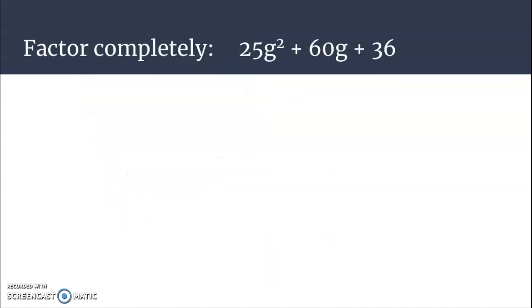Alright, let's look at another one here. Factor completely 25g squared plus 60g plus 36. Alright, looks like this has this format. We know it's a perfect square trinomial. This is going to factor into a plus b quantity squared.